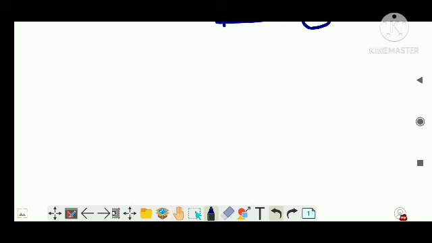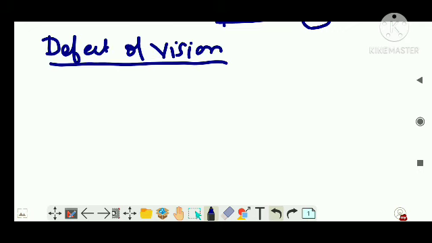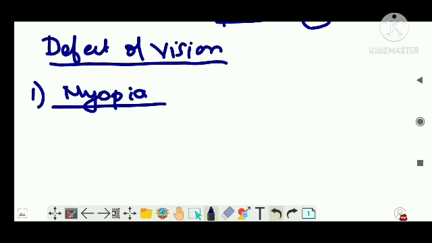Clear? Now the topic which we are going to deal with is defects of vision, that is, what all can be faults in your eye. The first one you are learning is myopia. The majority of eye problems which the young generation has is myopia, also known as nearsightedness.